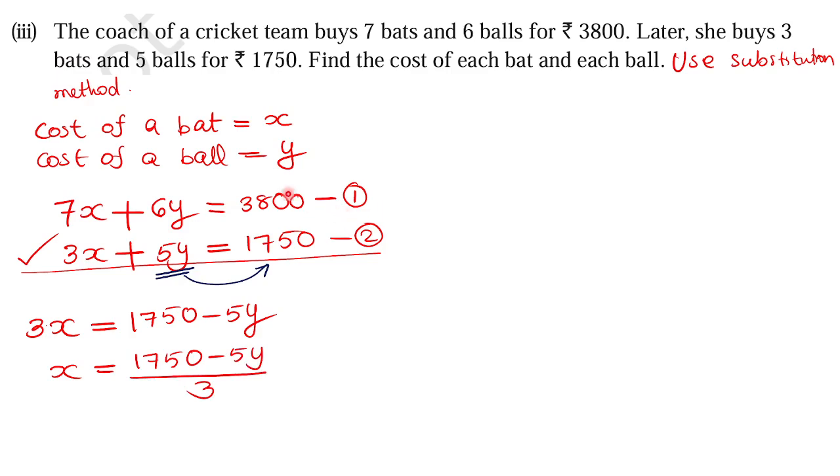So if you want to use substitution method, you have to select one of the equations, rearrange it, and make it either X equal to or Y equal to form. Now you got this equation. Now you have to substitute this in the other equation, meaning the first equation.